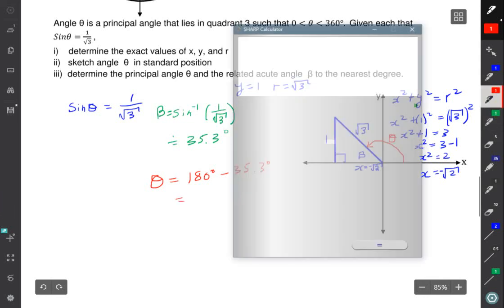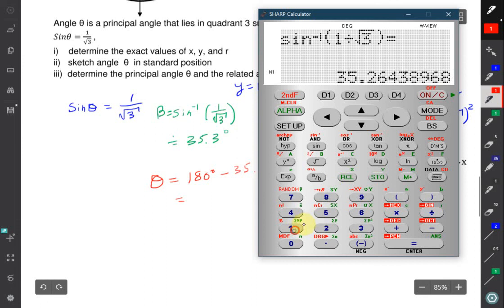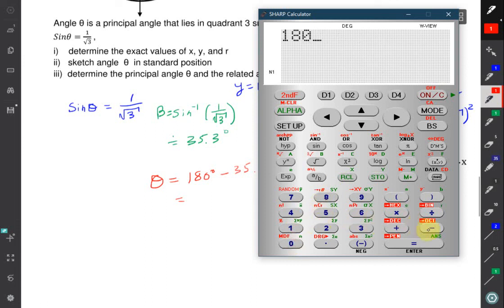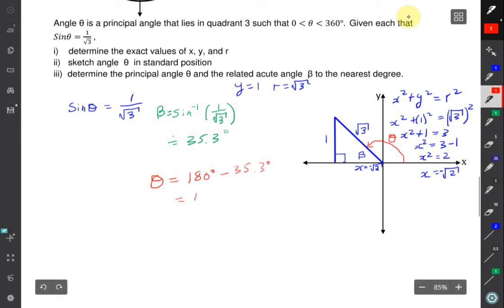Putting that in my calculator, 180 minus 35.3 gives us 144.7. And that's rounded, so I'm going to put a dot over my equal sign. So therefore, we have now found the theta and the beta for this ratio.